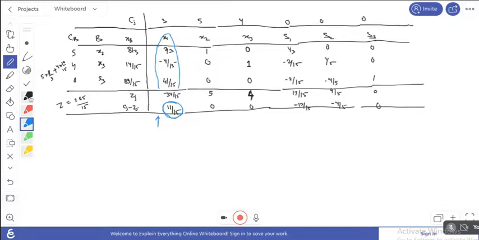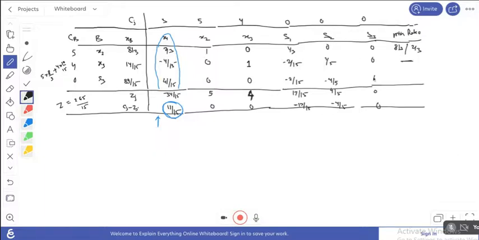So you have to find out the minimum ratio for this x2, 8 by 3 upon this 2 by 3. We have to find the minimum ratio, and this one is negative. Second, it is negative, so that's why we have to calculate that, because here the condition is all xBj is greater than 0.